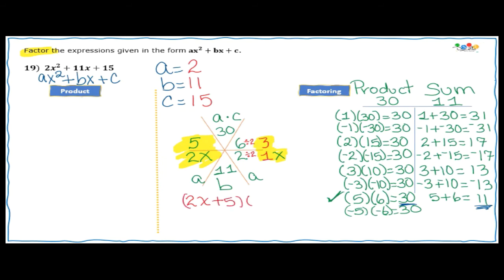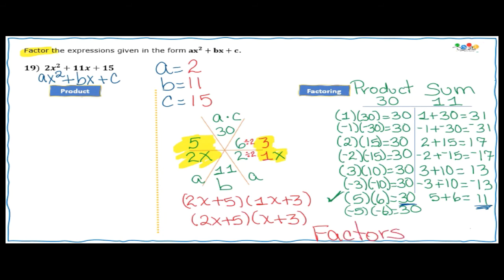Second binomial is going to be 1x plus 3. And yes, we can rewrite it as 2x plus 5 and just x plus 3. So that is my answer. Yes, you're right. These are my factors.